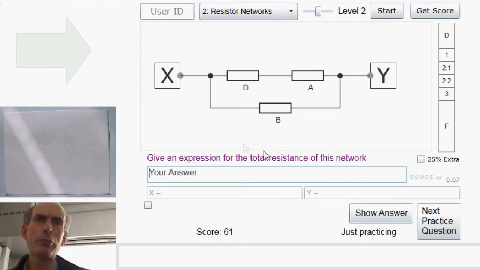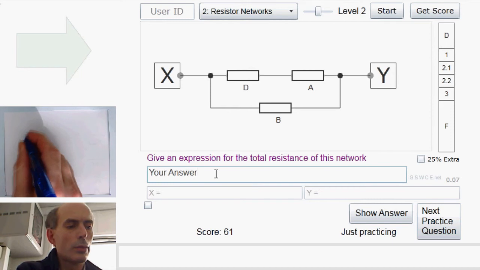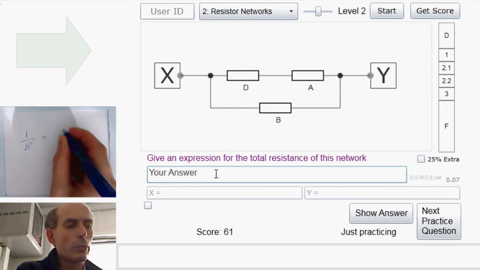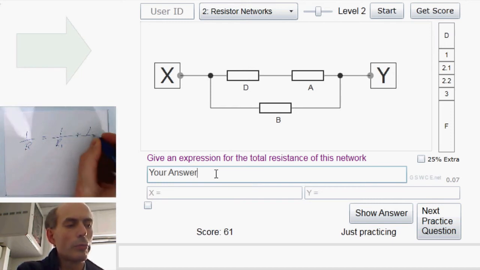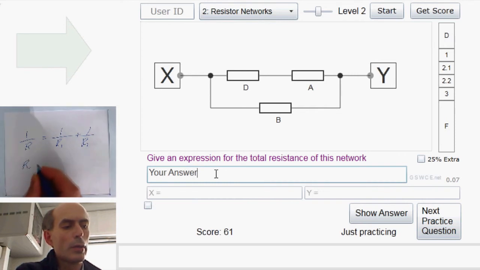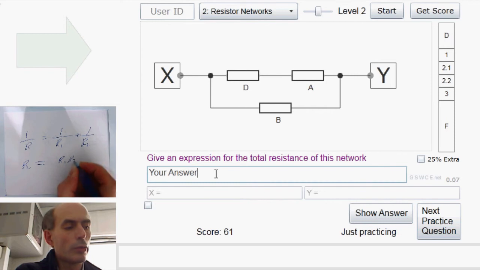This time it's asking you for an expression for the total resistance. And it's a parallel combination of the sum of A and D with B. So, using the parallel expression, 1 over R total equals 1 over R1 plus 1 over R2, and therefore, after a bit of algebra, R equals R1 R2 over R1 plus R2.